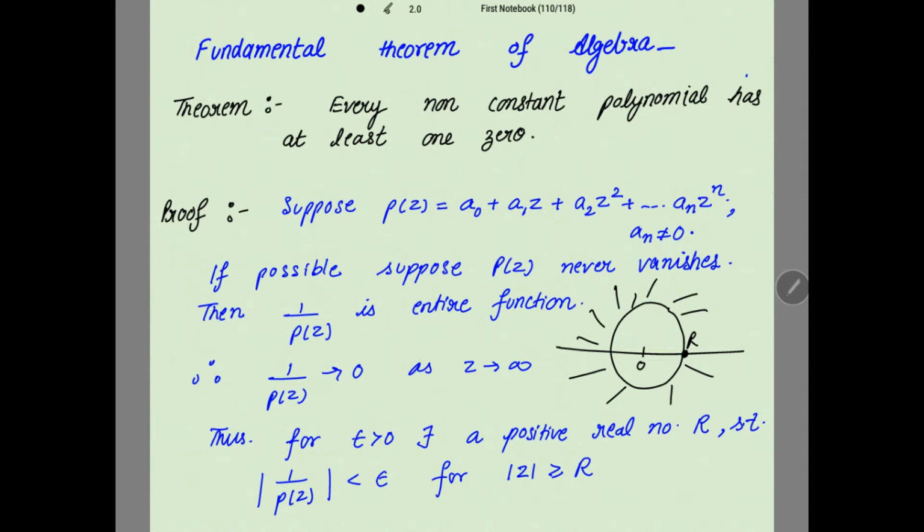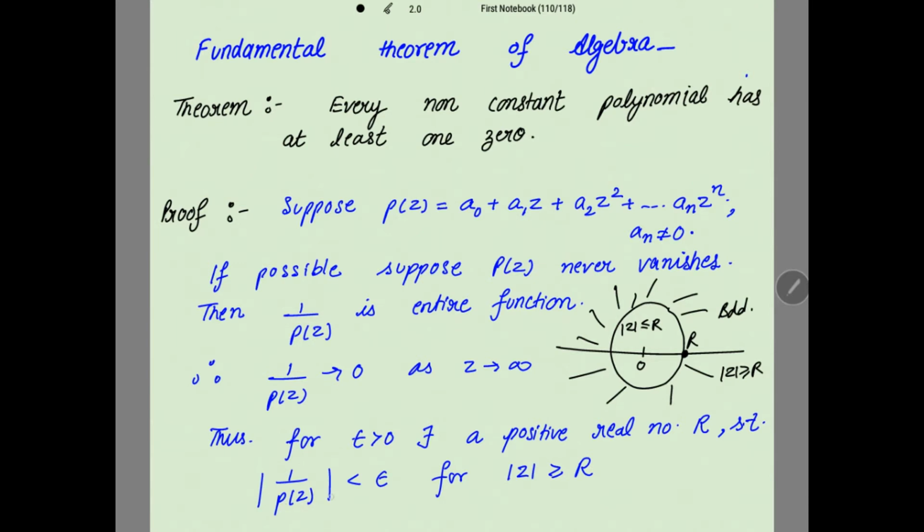So outside this circle the function is bounded. This is your mod z greater than or equal to R. And inside the circle, this is your mod z less than or equal to R, right?